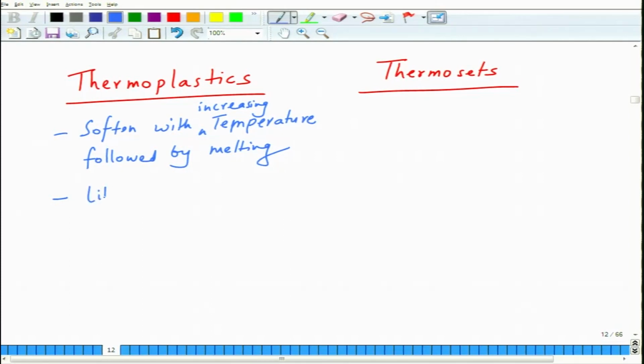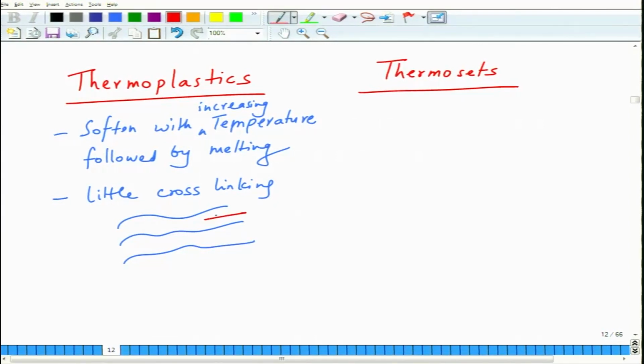They have very little cross linking between chains. So if you have chains of polymers, there is very little cross linking. And then they are typically ductile.